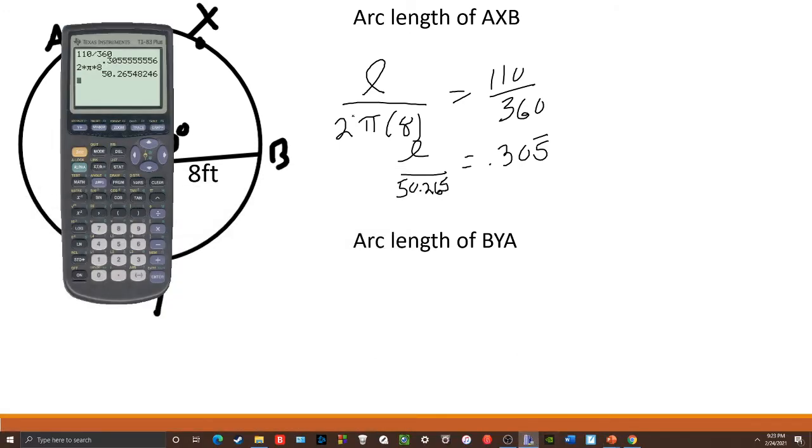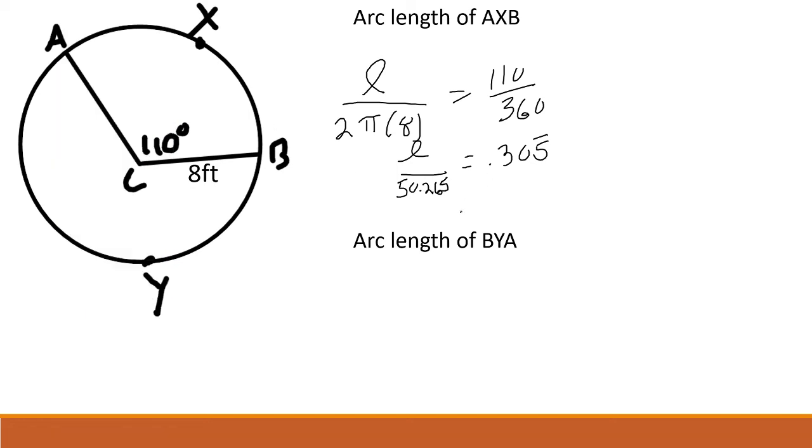Now, I need to figure out how big L is. Well, in order to figure out how big L is, I would simply multiply both sides by 50.265, right? So I'm going to take 0.305555555 and times it by 50.265. I get 15.358, or if we round it, 15.359. So L is equal to 15.359.